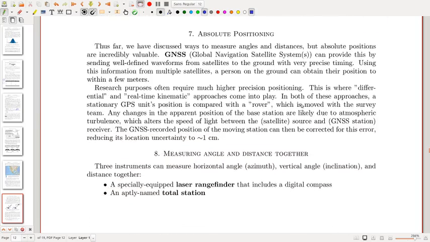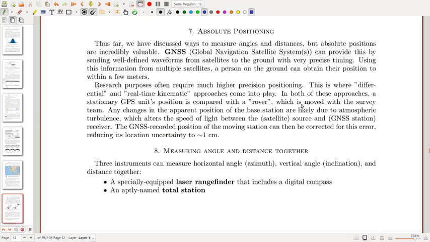So in addition to these uses of total stations or some other piece of equipment to measure with this horizontal angle, we can also just bypass this whole problem of measuring angles and using trigonometry by letting satellites and computers do that for us. And so I'm just briefly introducing the fact that we have these GNSS units, GPS. I sometimes say GPS instead of GNSS, and that's because GPS is the oldest system.